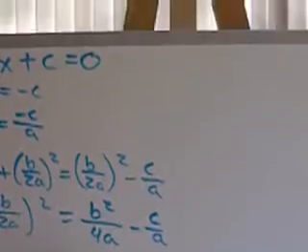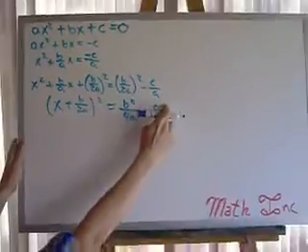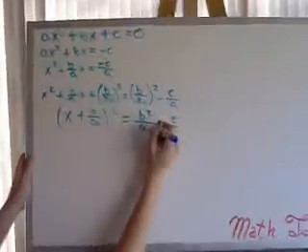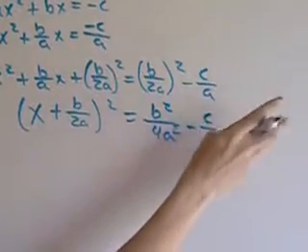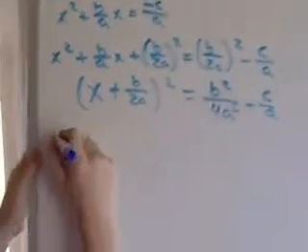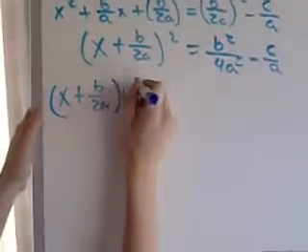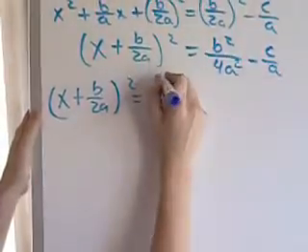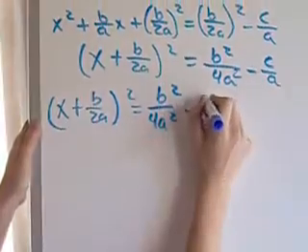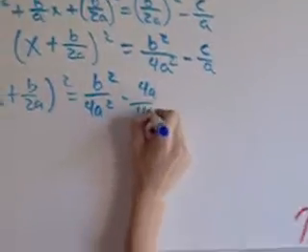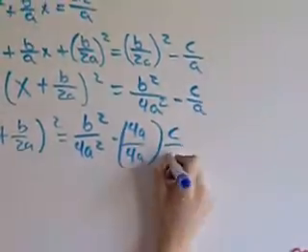Now here, I want a common denominator, so I'm going to multiply minus c divided by a, where this is a squared, by 1, and that 1 is going to be 4a divided by 4a. So 4a divided by 4a is 1, and you have that multiplying c divided by a.